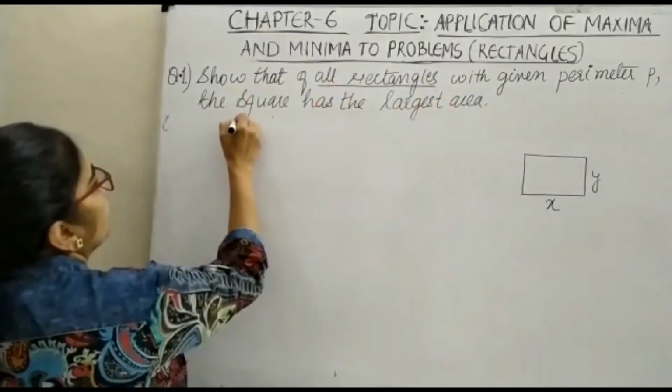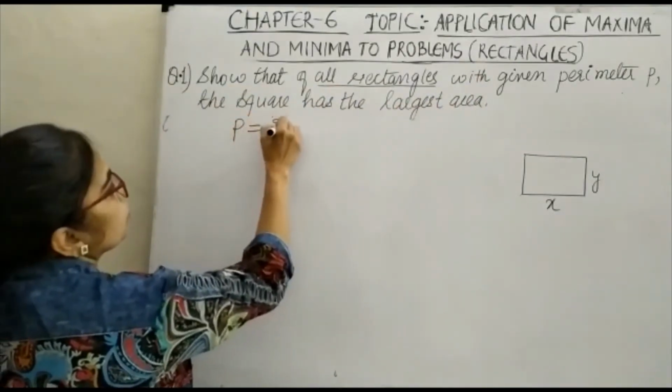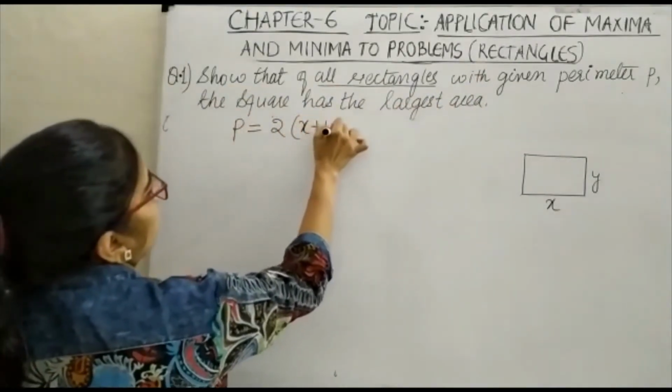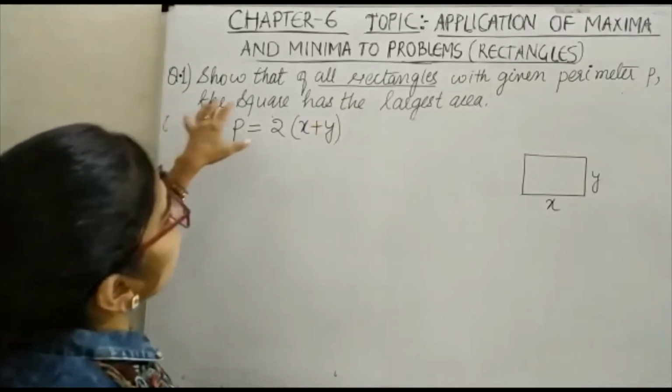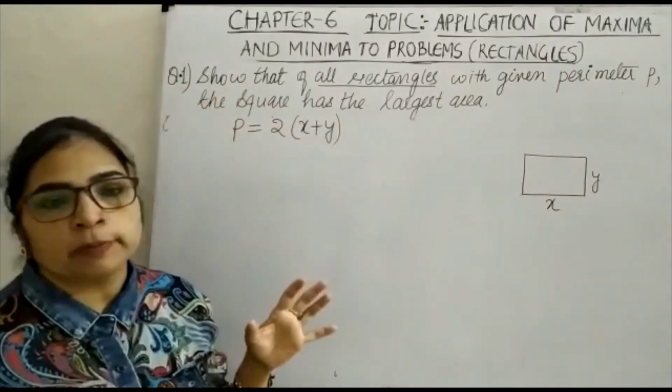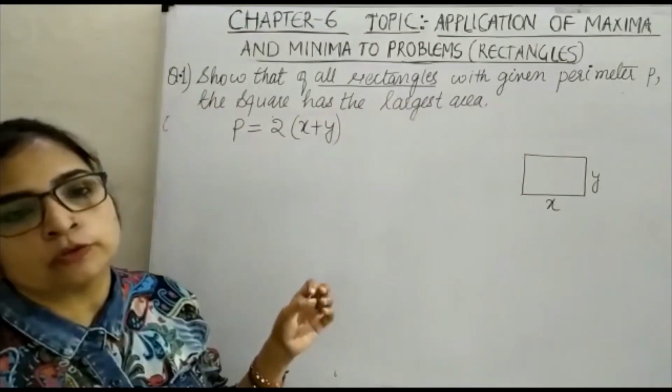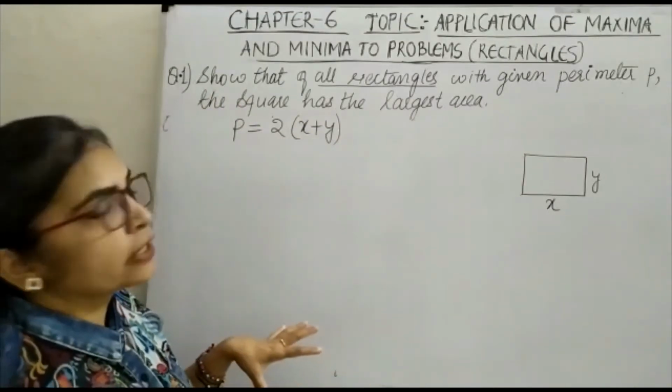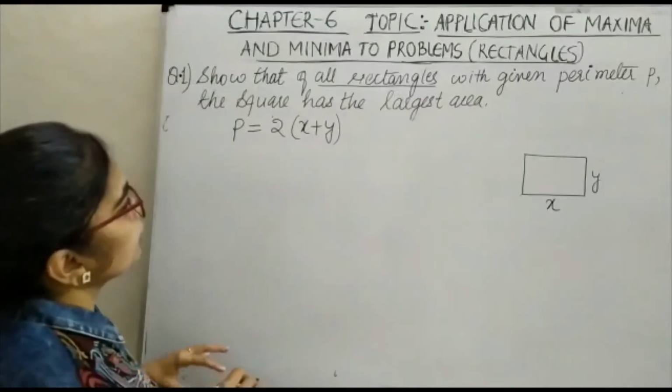You can see here perimeter is given, that means 2x plus y. ये आपको given है. The square has the largest area. That means square. यहाँ पे भी जब area आपकी largest होगी तो ये आपका किस में convert हो जाएगा? Square में.